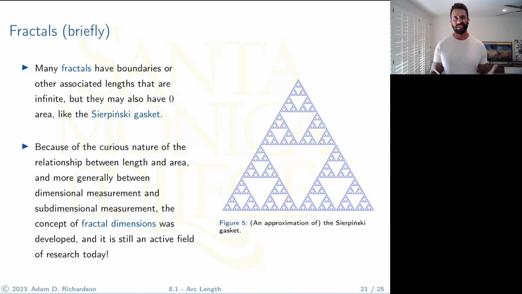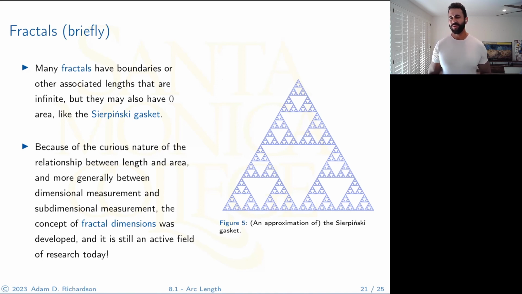And I suppose you could say it's two-dimensional, but it has zero area. So it's almost like the notions of one dimension and two dimensions are not enough to talk about something like this. And so that's where you need to introduce the concept of fractal dimensions.